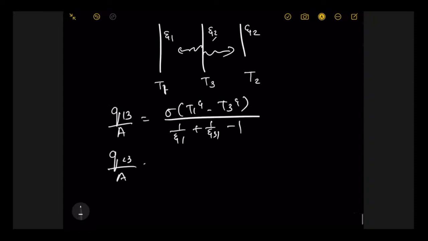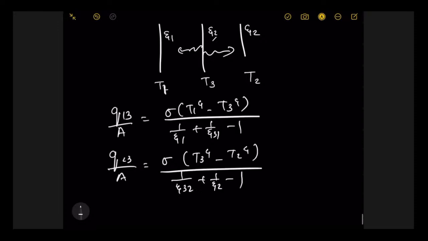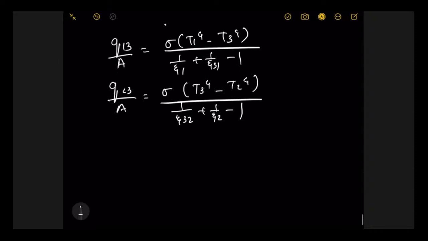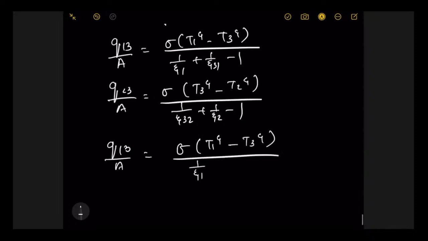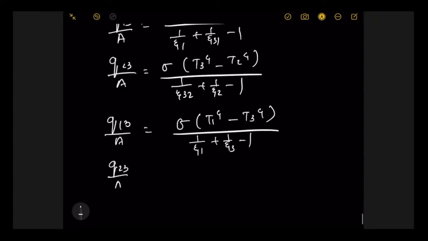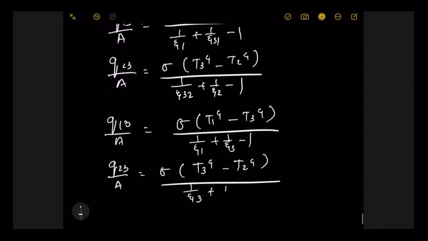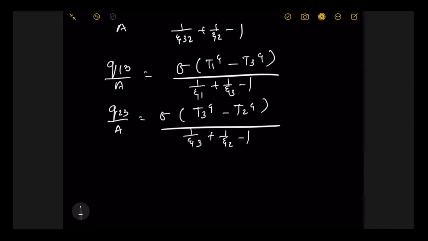Q23 upon A equals sigma (T3 to the power 4 minus T2 to the power 4) upon (1 upon emissivity 3 plus 1 upon emissivity 2 minus 1), like this.